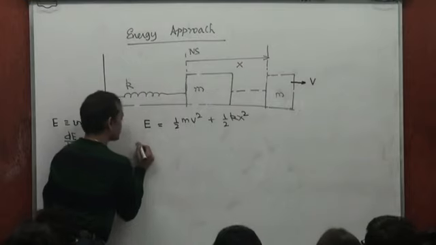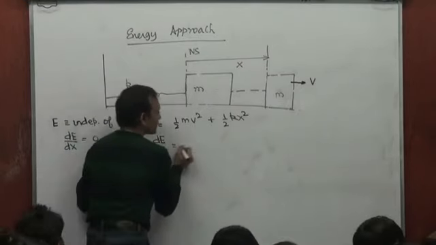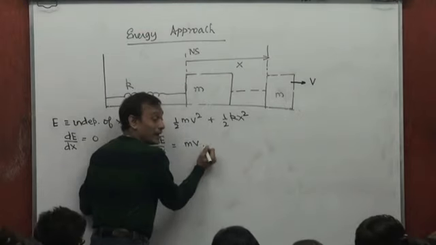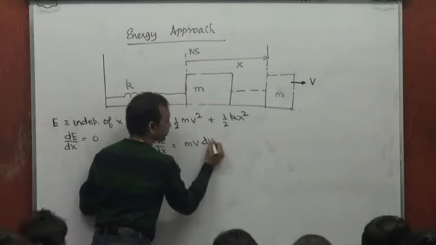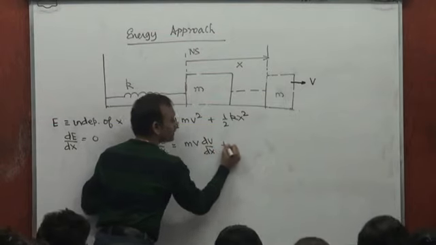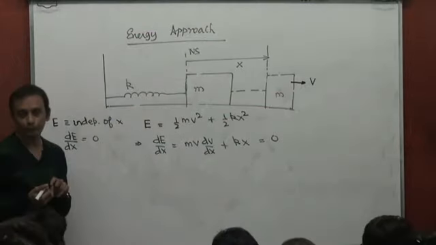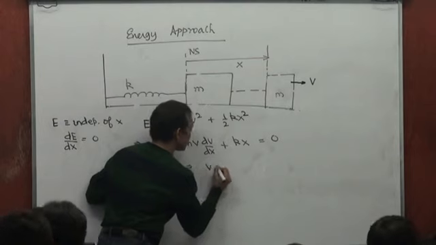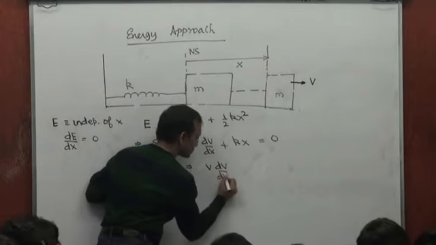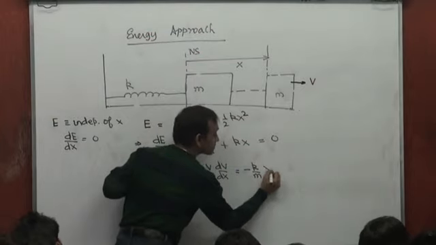Now, if I differentiate E with respect to x, then V squared when differentiated gives me 2V dV/dx, plus kx. That must be 0, which means V dV/dx is minus k by m into x.